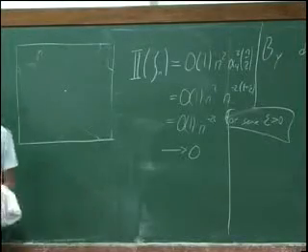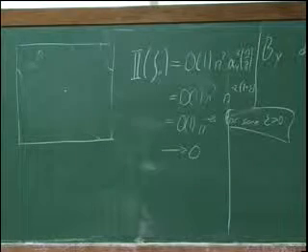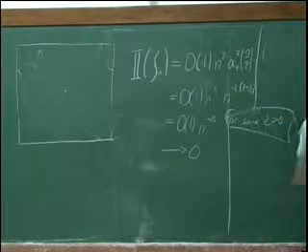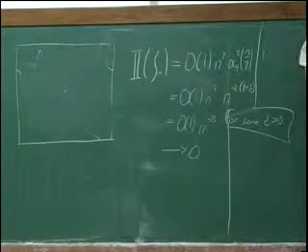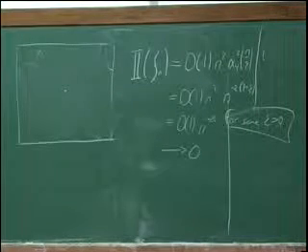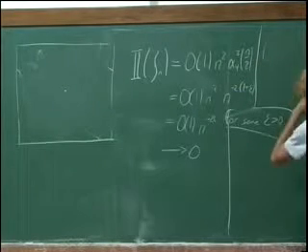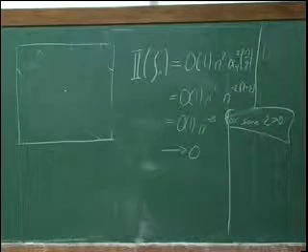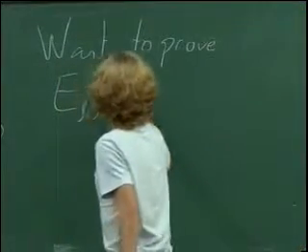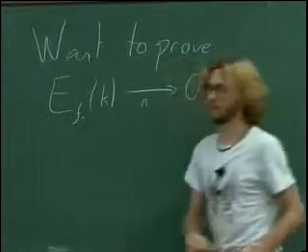That's what we want to prove: that for each level k, the energy of this function fn on level k tends to 0 as n goes to infinity.